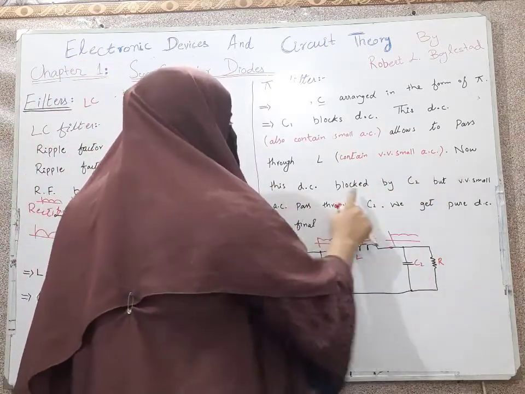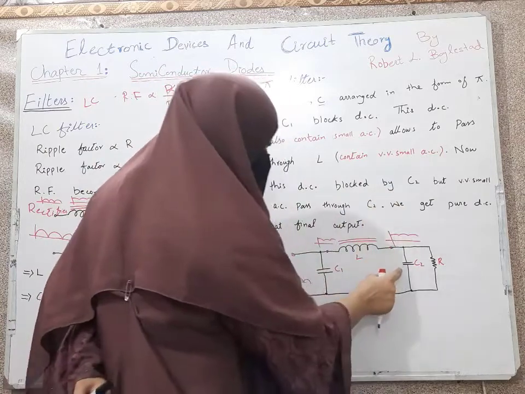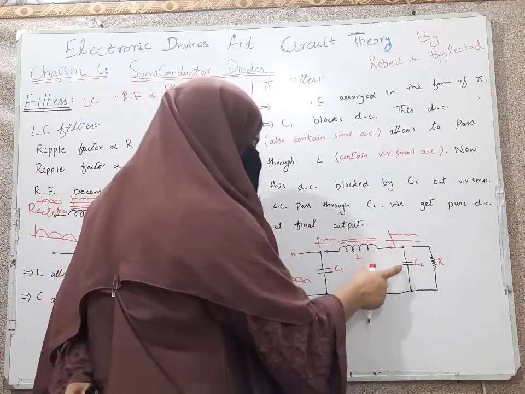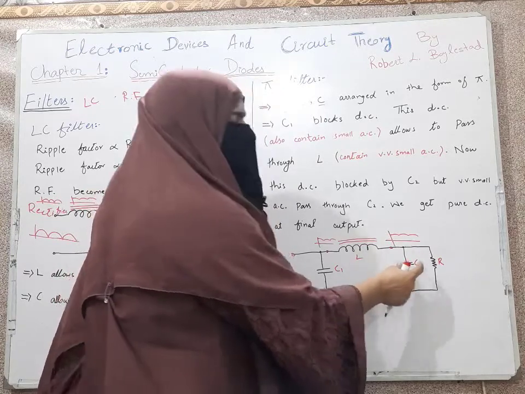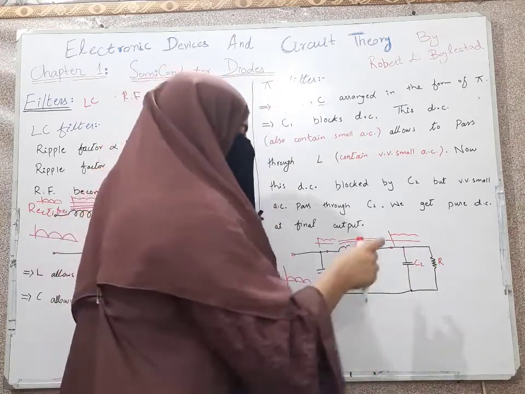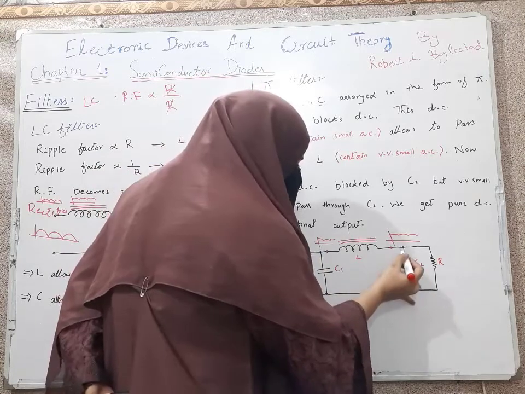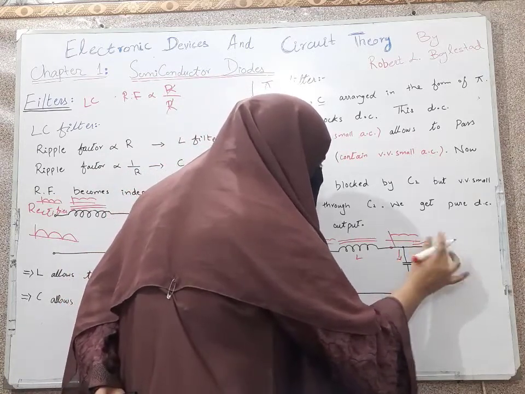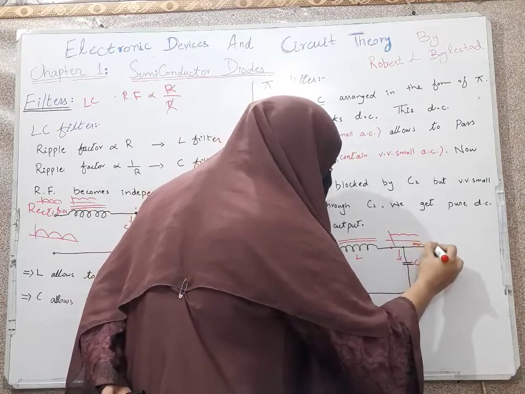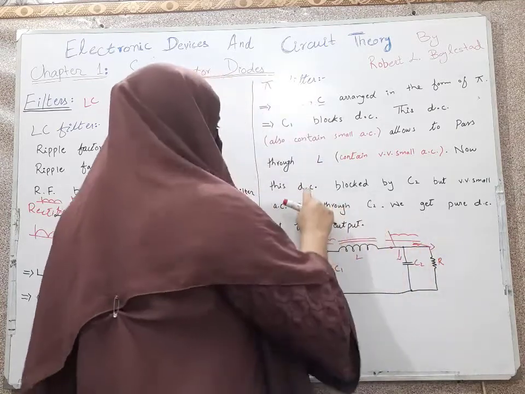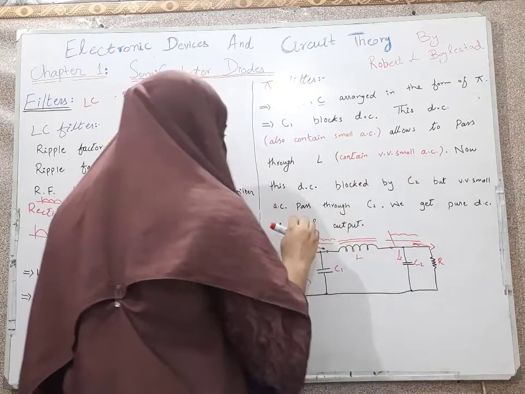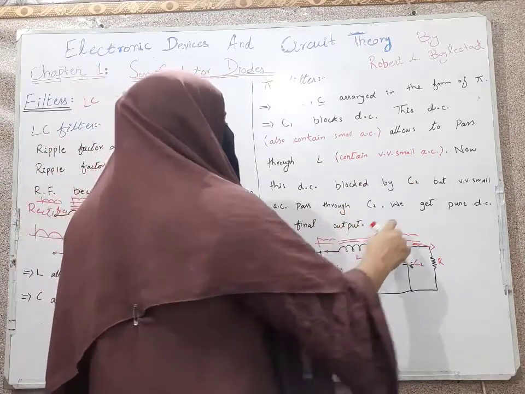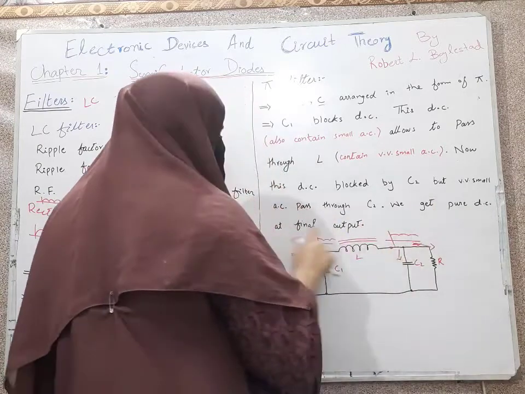Now this DC is blocked by C2. This C2 will allow the AC component to pass and block the DC component. The AC component will pass here, and our final pure DC will be obtained at the load resistance R. The DC is blocked by C2, but a very small amount of AC will pass through C2 and we will get pure DC at the final output.